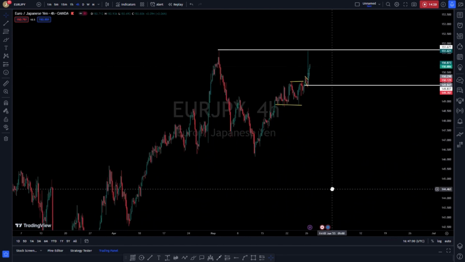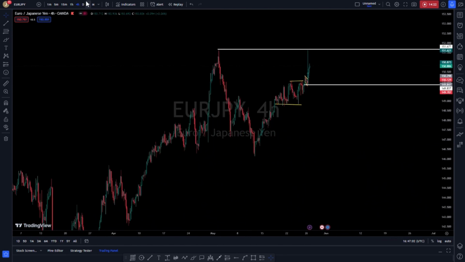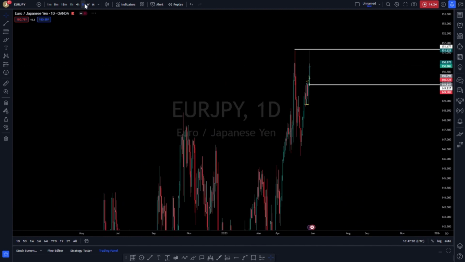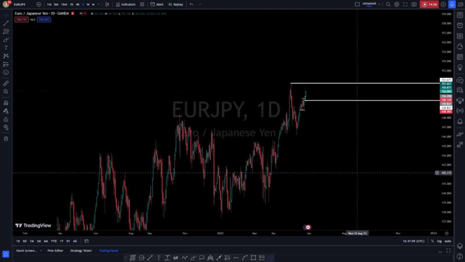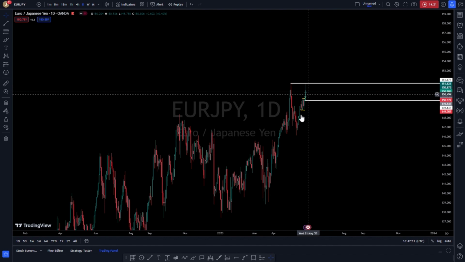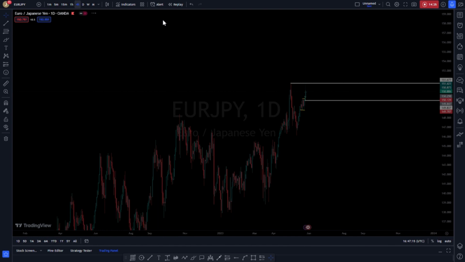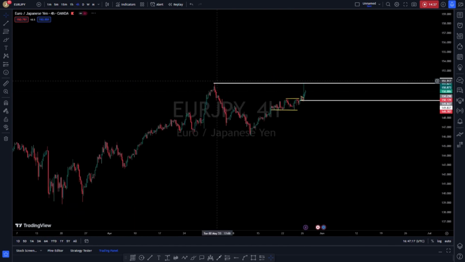I still feel, with the confluence of the higher time frame, this will still head to the upside and even break itself if possible. It's still heading to this high here.